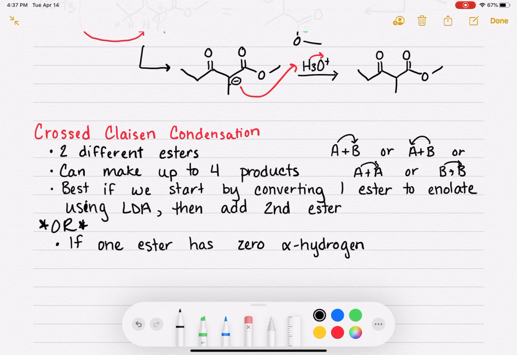It can't be an enolate. In order to become an enolate, you have to have one of your alpha hydrogens removed. So if one of the esters doesn't have any alpha hydrogens, it can't be an enolate, and it can only get attacked. And that's also going to help us minimize the number of byproducts that we might have in the reaction.